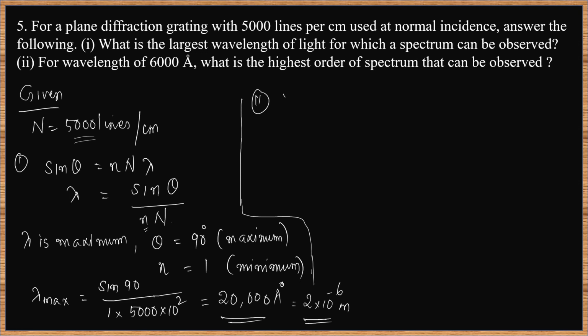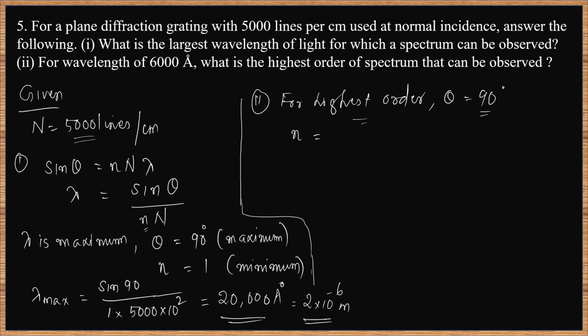In the previous problem we have seen, for highest order, theta should be 90 degree. If you didn't understand, please watch the previous problem where I explained how this 90 degree comes for highest order.